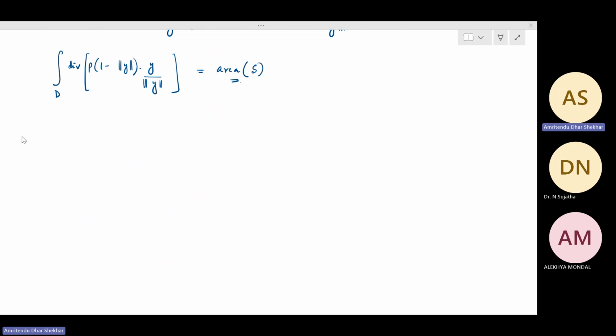This problem is from the textbook by Krasik. So I'm just going to copy the problem.